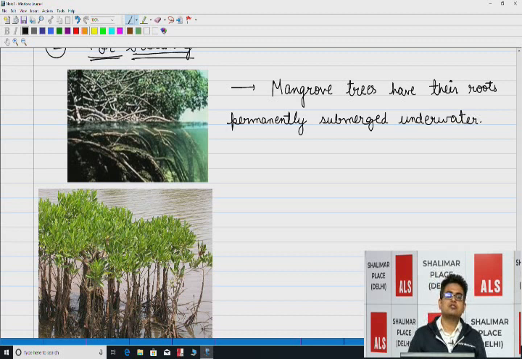So they have some special roots which are negatively hydrotropic, or you can say they are positively phototropic, negatively geotropic roots. And what this looks like, that we must discuss.